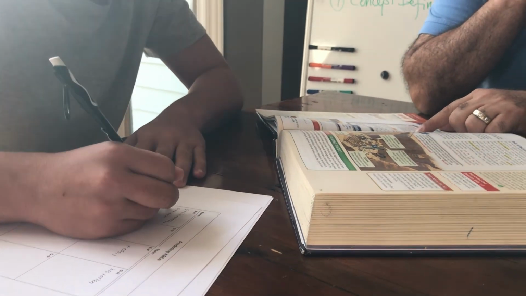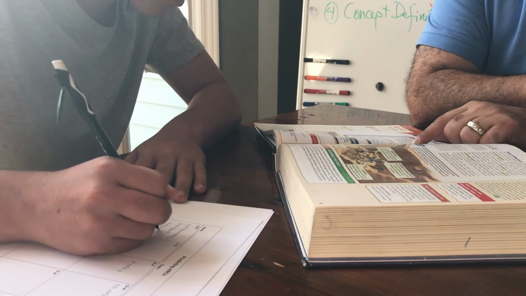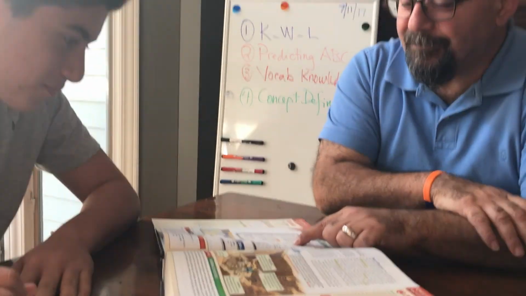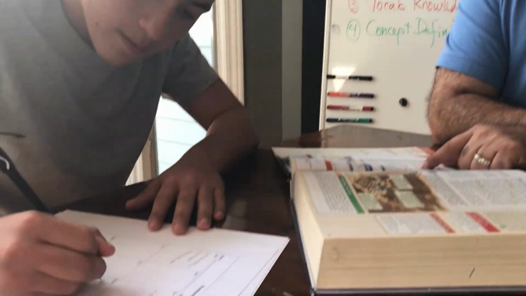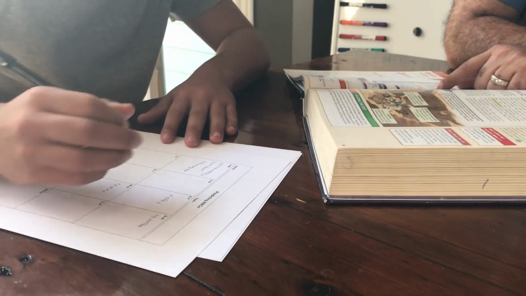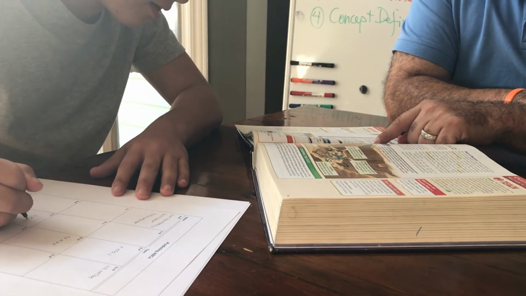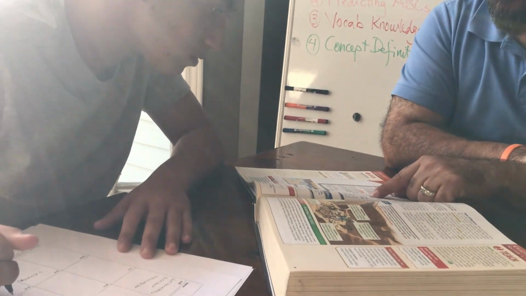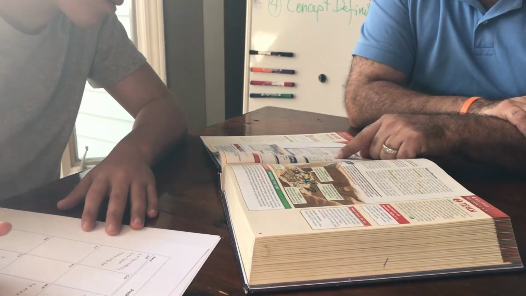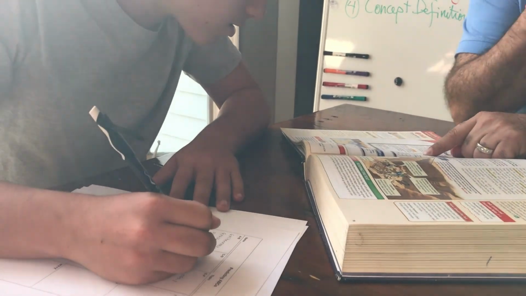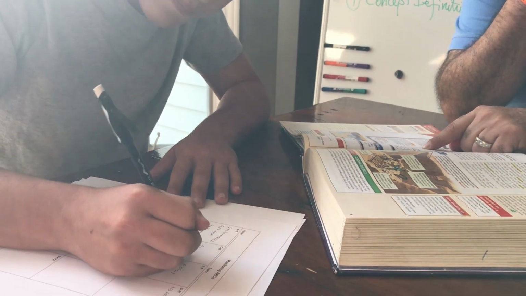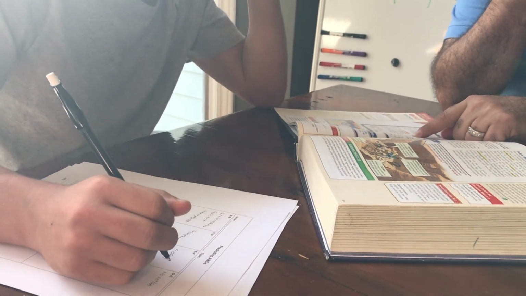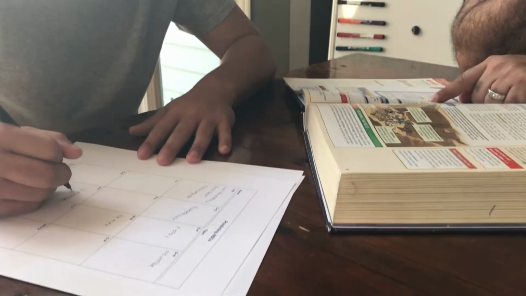No. Okay, it comes from the Greek word anthropos. Anthropos means man. All right. Nomad. Technology. Domesticate. And specialization. Where is it?